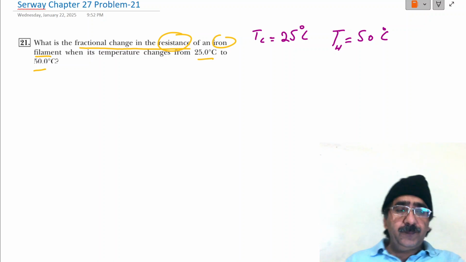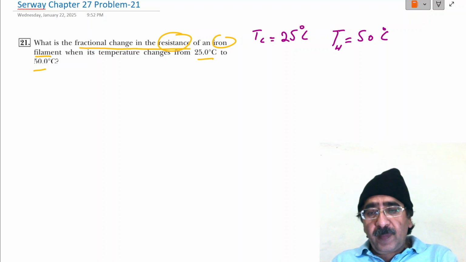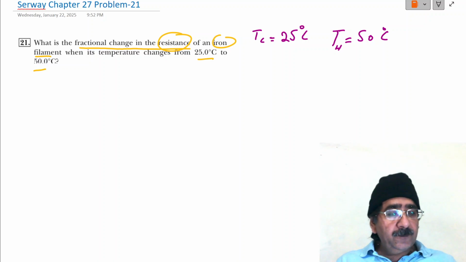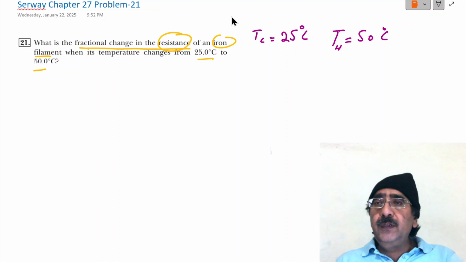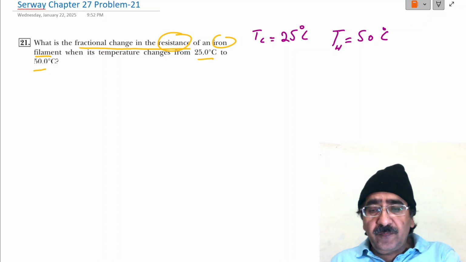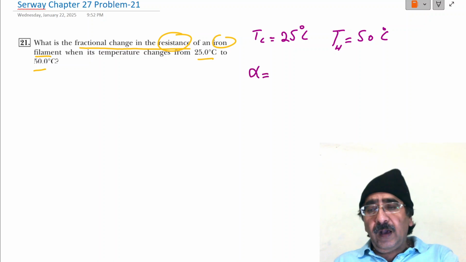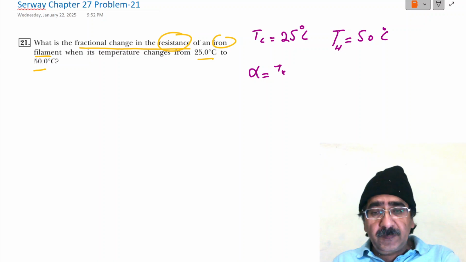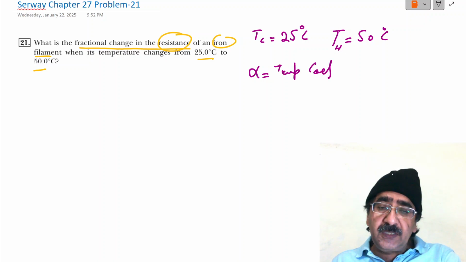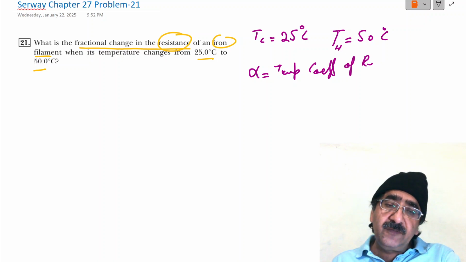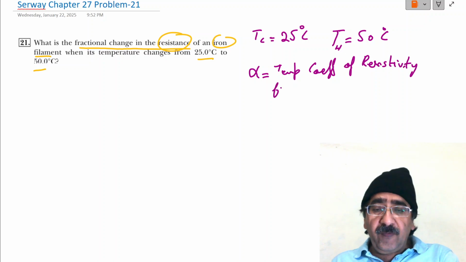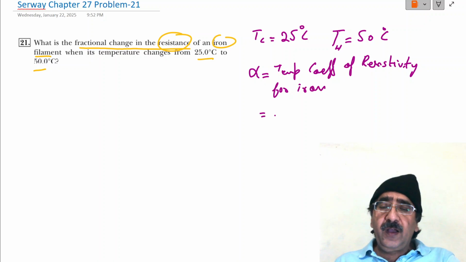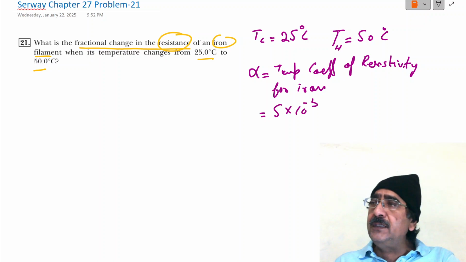As we know, we have to find the resistivity. The temperature coefficient of resistivity for iron is 5 times 10 raised to power minus 3.